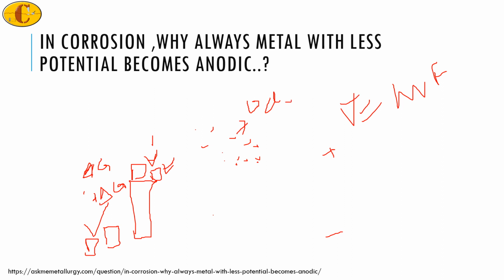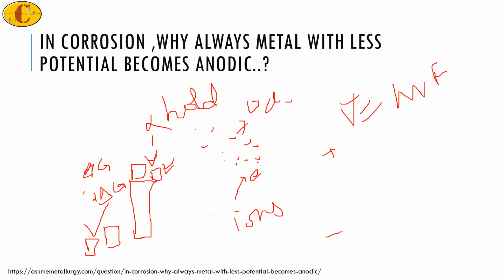That is the reason why the more negative element will corrode quicker, because when you have a lesser ability to hold on to electrons, or should I say you have a more tendency to reject electrons and form ions, that will make you more susceptible to corrosion, which means you will become anodic.